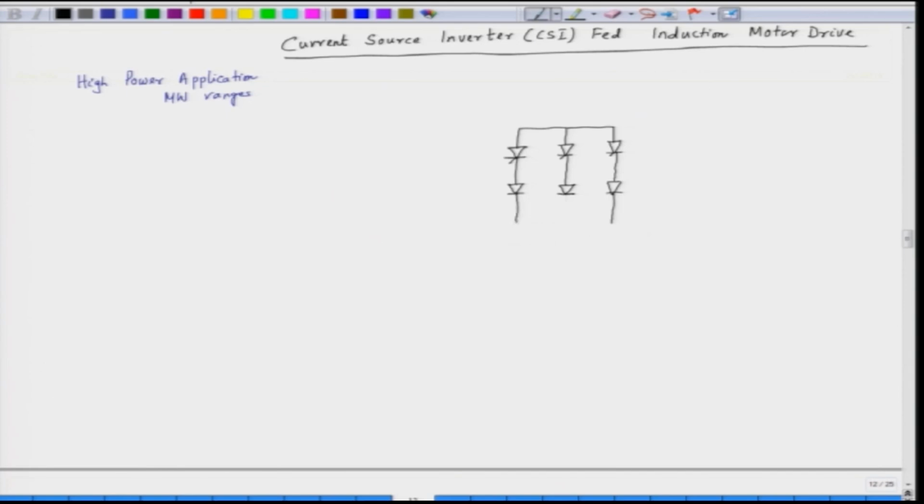We have two sets of diodes here. We have another diode and another SCR. And we have a DC link. The DC link has a large inductance.